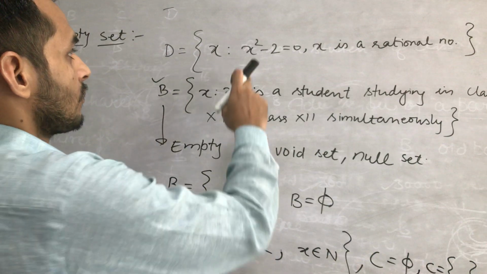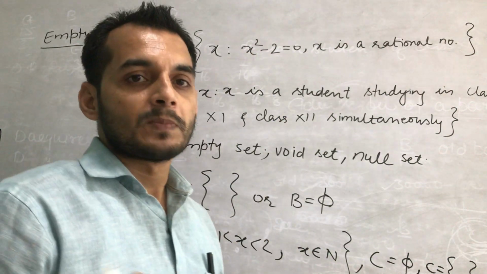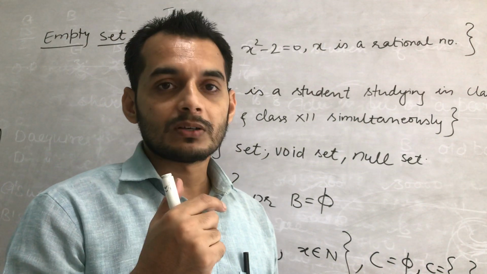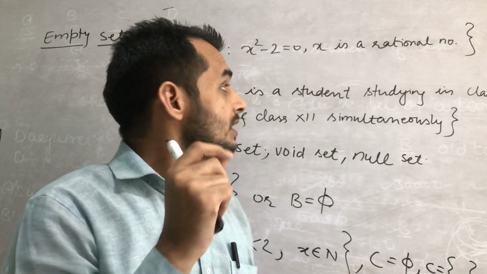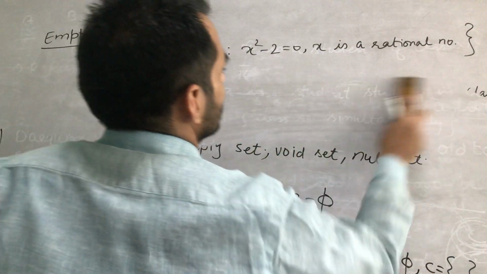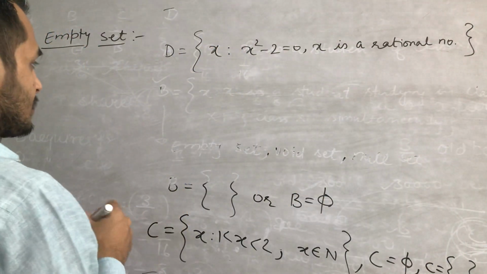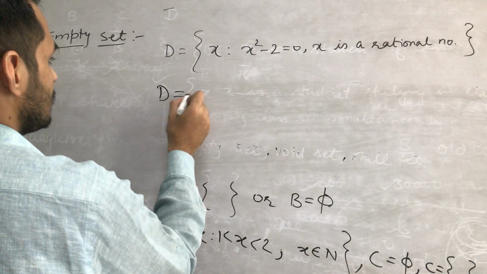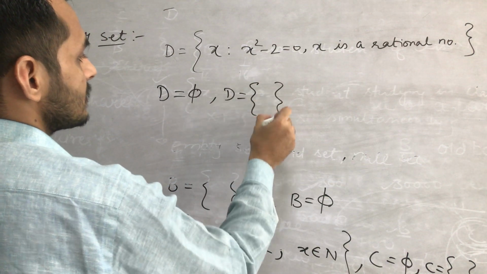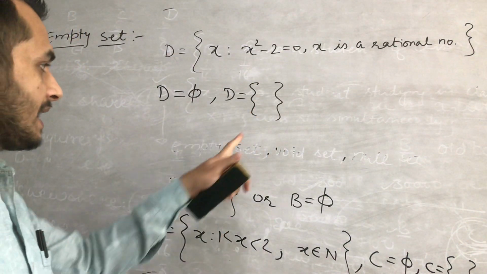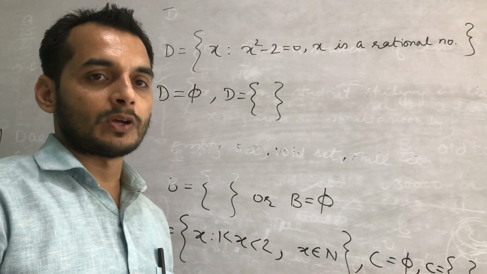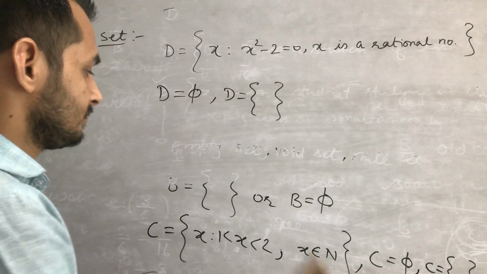No, because from here the value of x will be plus minus root 2, which is not a rational number, which is an irrational number. So again my answer will be D equals phi, or D equals this. So whether you write this or this, the meaning is the same. Okay, this is the concept of my empty set.